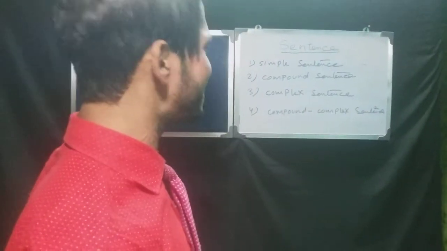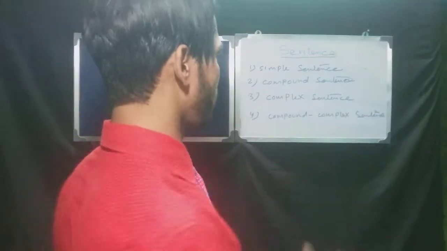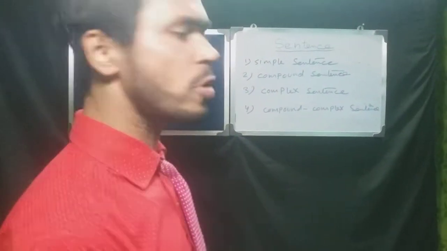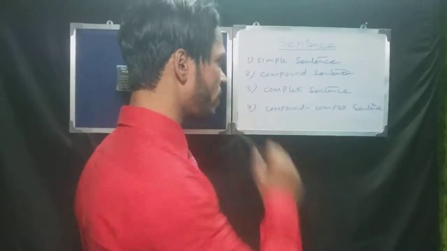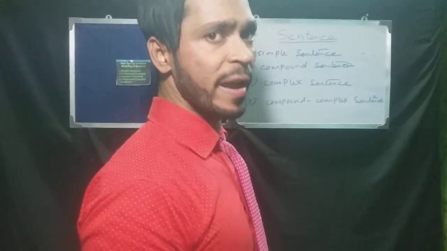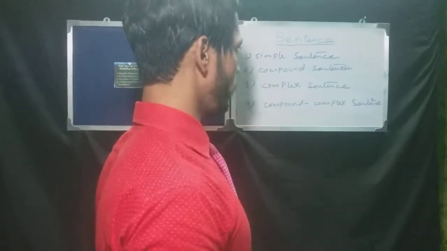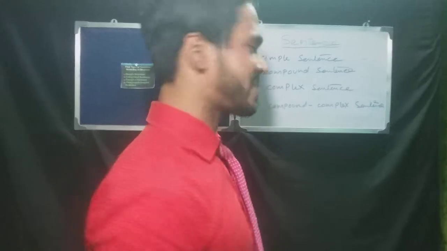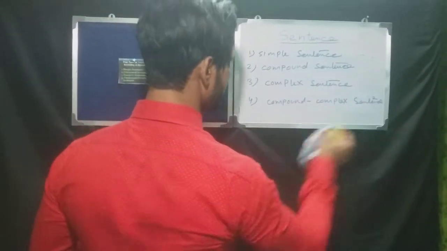These are the types of the sentences according to the structure. The first one is simple sentence, second one is a compound sentence, third one is a complex sentence, and fourth one is a compound complex sentence. Let's check out in detail about the simple sentence, compound sentence, complex sentence, and compound complex sentence separately.